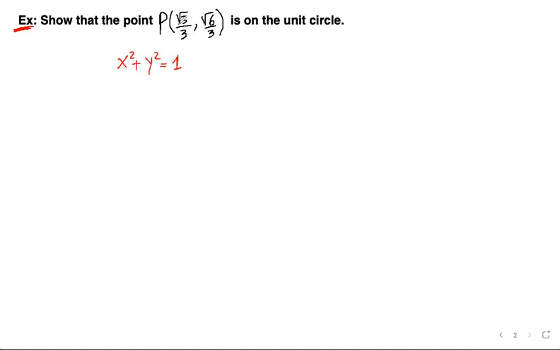So let's plug it in. The x value is square root of 3 over 3, squared, plus the y value, square root of 6 over 3, squared. The square root of 3 over 3, squared, is 3 over 9, plus the square root of 6 over 3, squared, is 6 over 9.